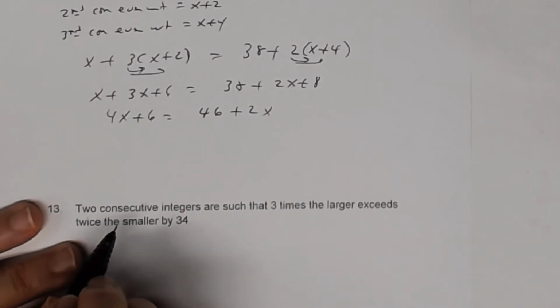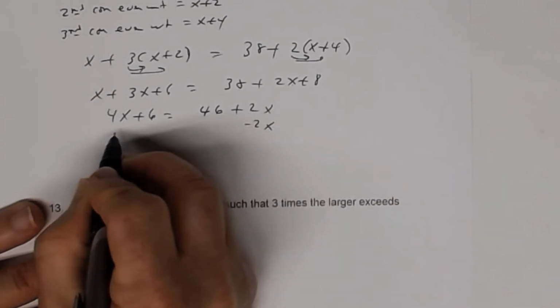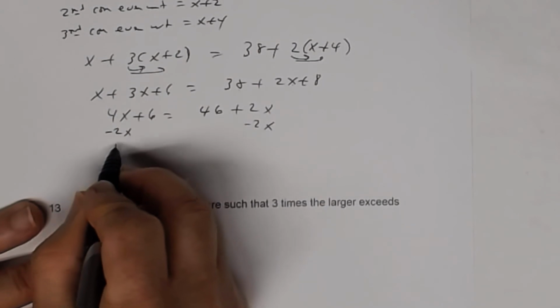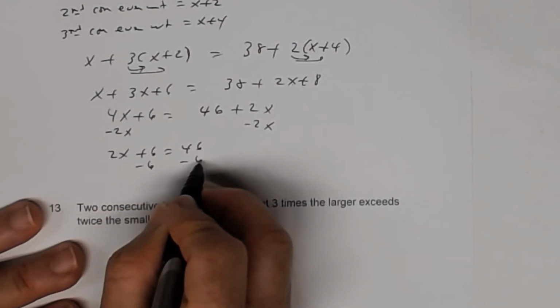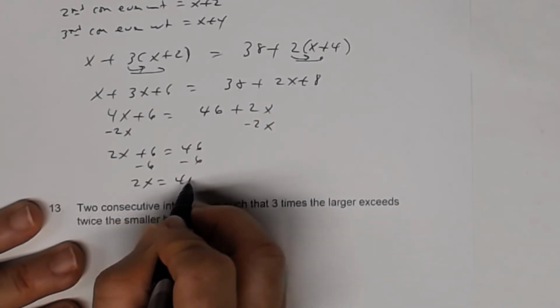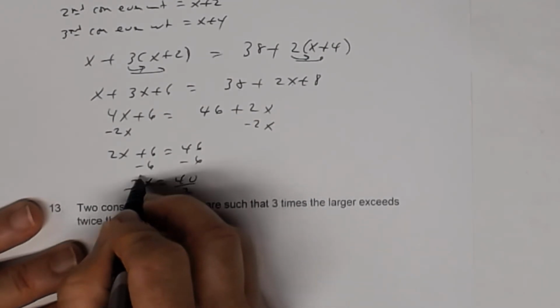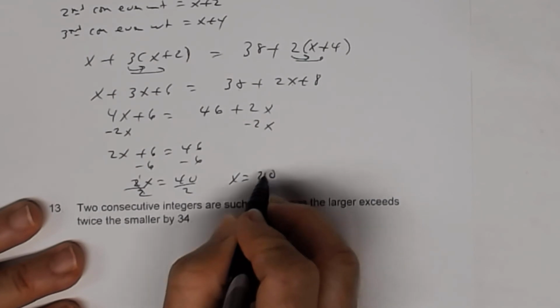Subtract 2x from both sides. I get 4x minus 2x is 2x, plus 6 equals 46. Subtract 6 from both sides, get 2x equals 40. Divide by 2, I get x to be 20.